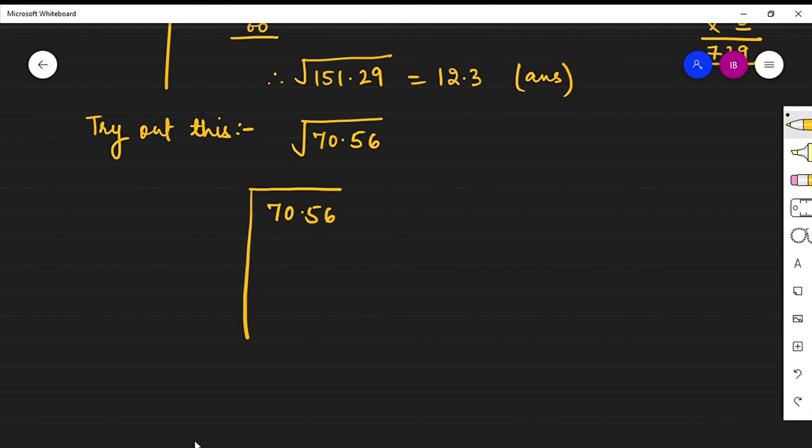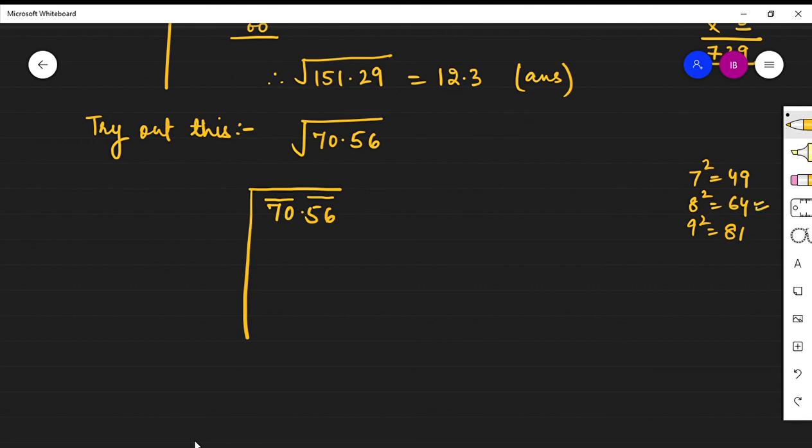70.56. 70 is the integral part, 56 is the decimal part. Put the bar on 70, put the bar on 56. 70. 7 square is 49, which is less than 70, and 8 square is 64, and 9 square is 81.